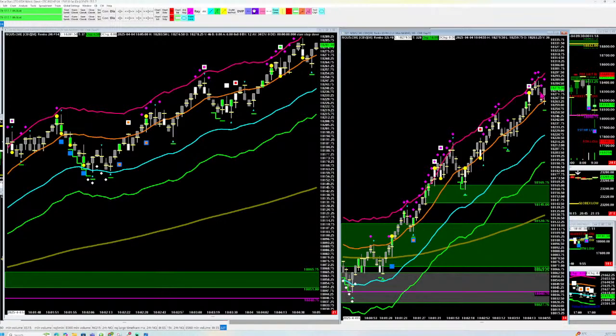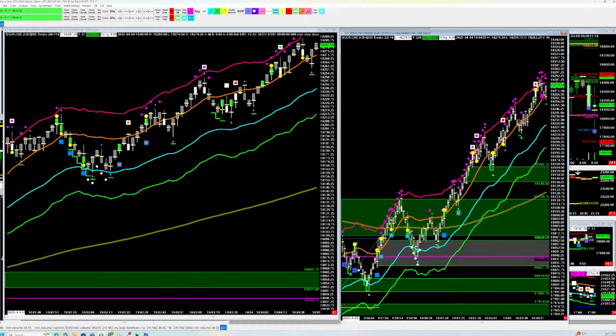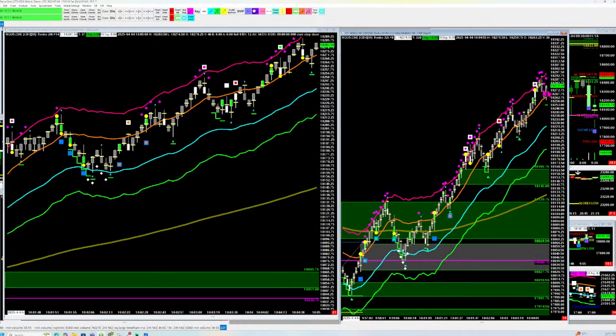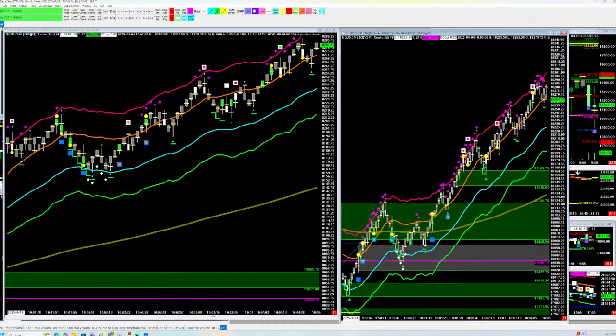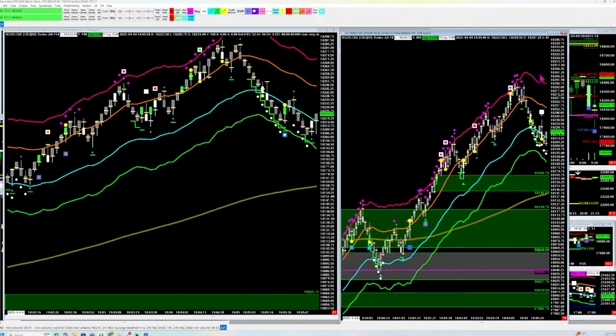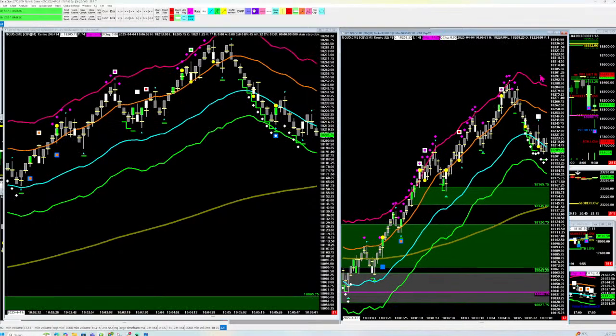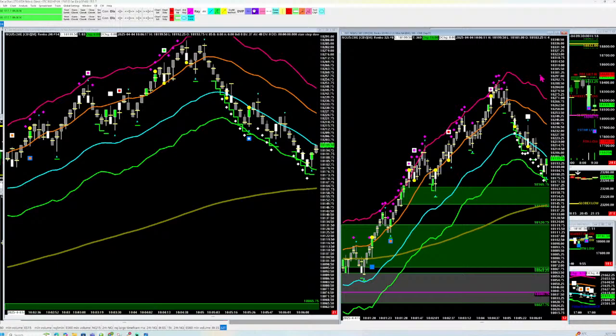You're now up almost, where was our entry? $6,000 a contract. Don't see any double whites. You clearly want to be on the 32 here.